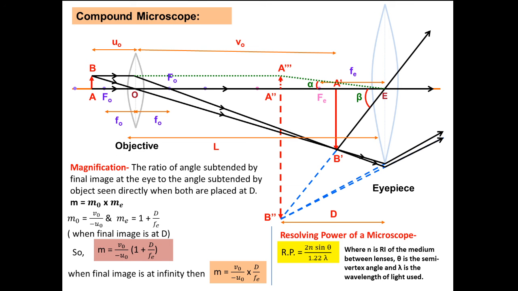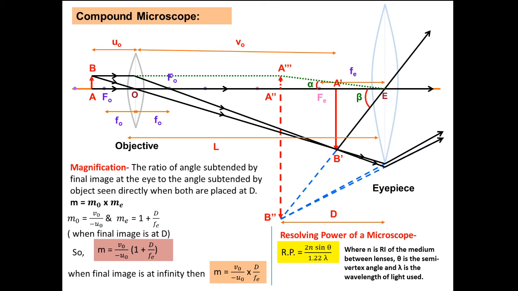Resolving power. What is resolving power? The ability to see two distinct objects clearly. It means up to what distance our eye can see two very close objects distinctly. That distance is the resolving limit. The inverse of the resolving limit is the resolving power.